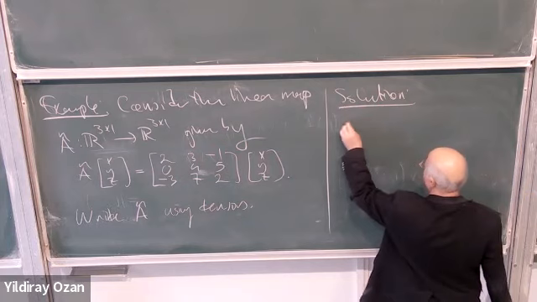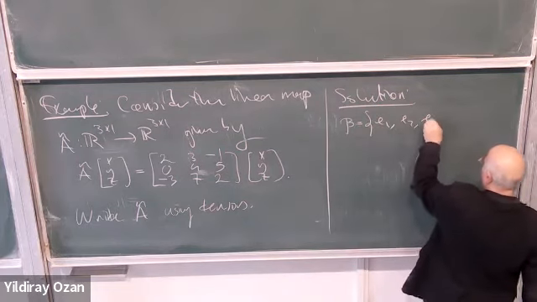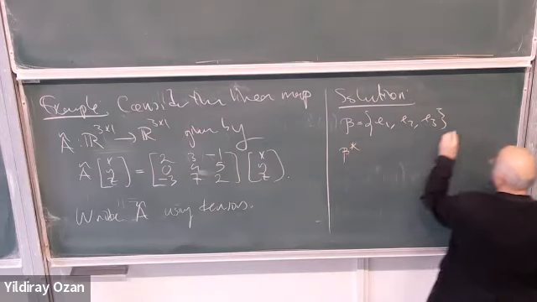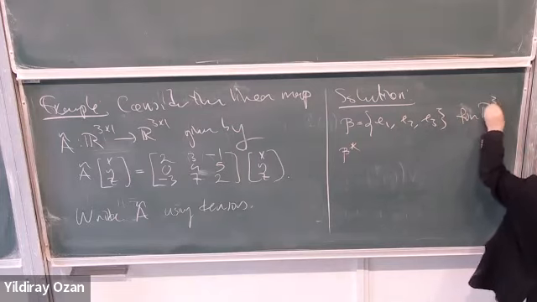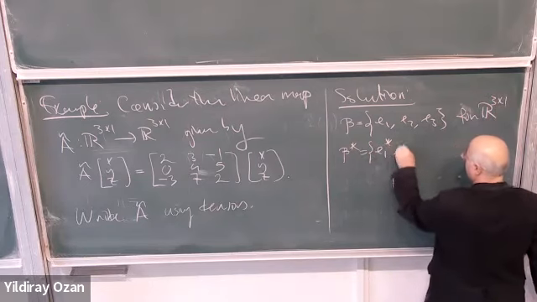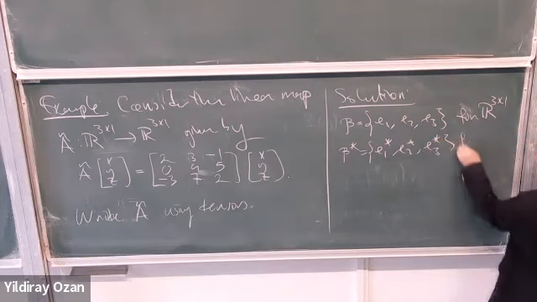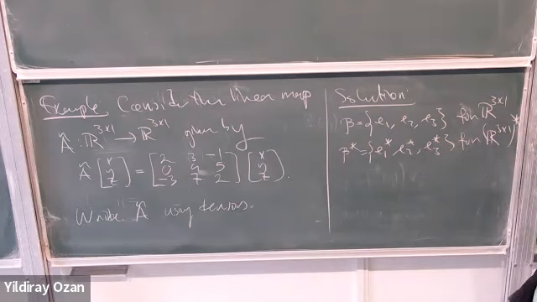Consider this basis beta E1, E2, E3 again, and this is basis for R3, and E1 star, E2 star, E3 star for R3 star.